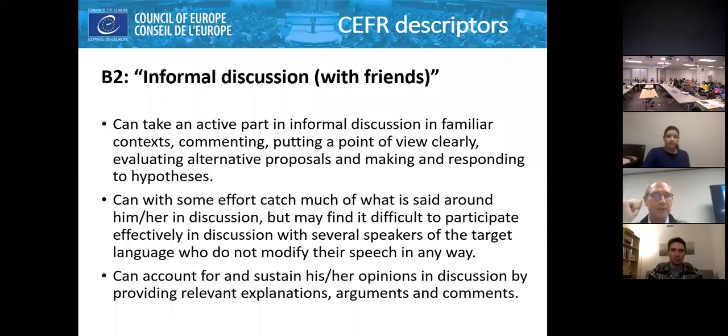For example, if we take the second one, can, with some effort, catch much of what is said around him or her in discussion, but may find it difficult to participate effectively in discussion with several speakers of the target language who do not modify their speech in any way. That is a situation we all recognize if you speak a foreign language, when you can handle everything fine, provided people make some allowance for the fact that it's not your first language.